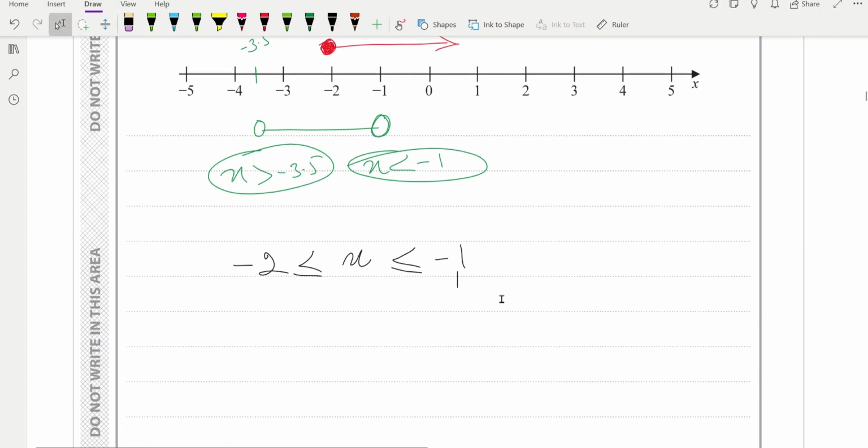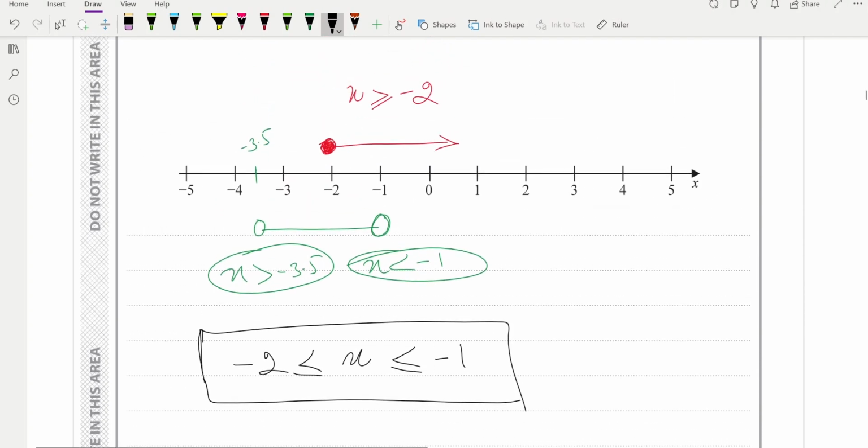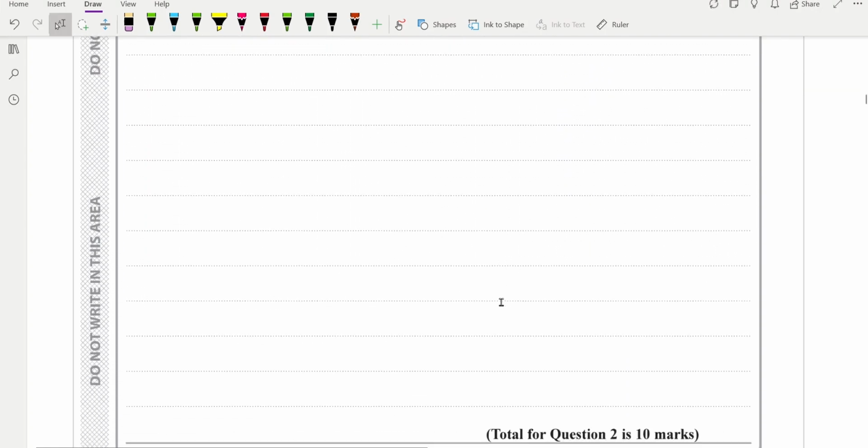So this is basically the set of values for which both conditions will be satisfied. Both conditions are satisfied within this region, from this one up to this, and we can see that minus 1 and minus 2 are also included, and this is the highlighted portion which is required. So hopefully you understood this question as well.